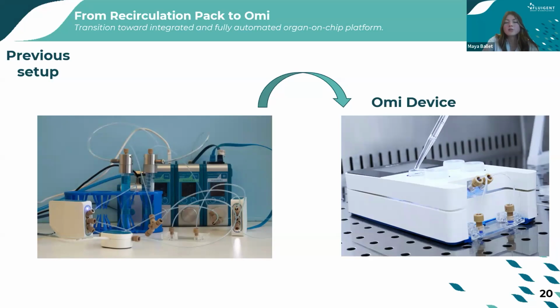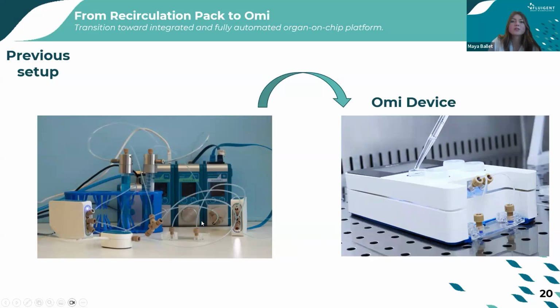And on the other side, you have the OMI, which is a fully integrated solution designed specifically for an organ-on-chip solution. So in fact, it's as if the setup on the right is integrated inside the device. The recirculation pack's advantage is that it's very customizable and modular.